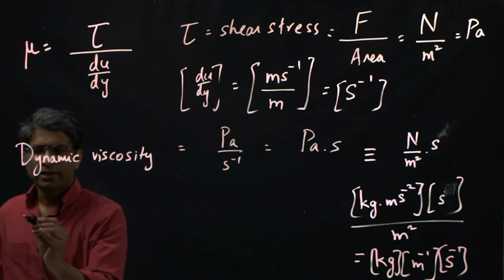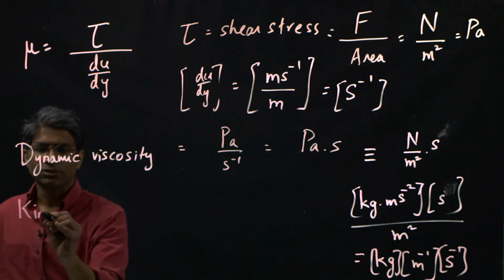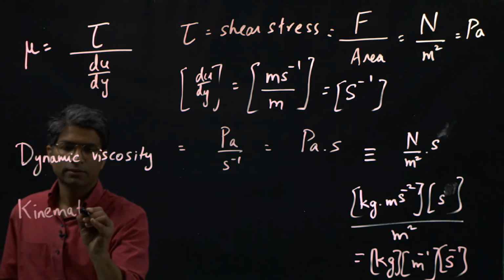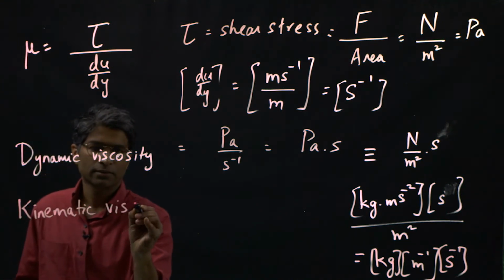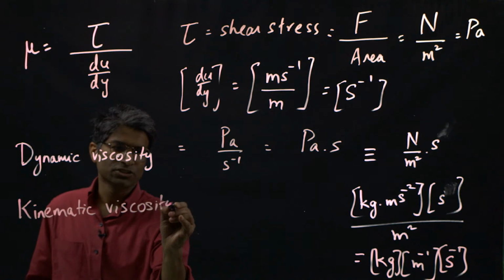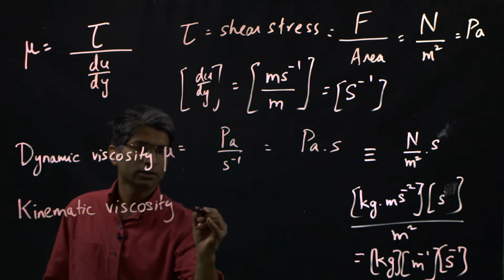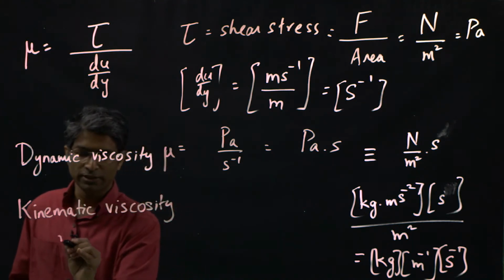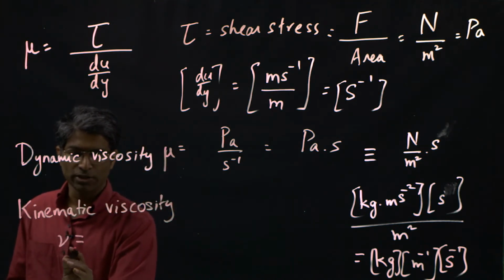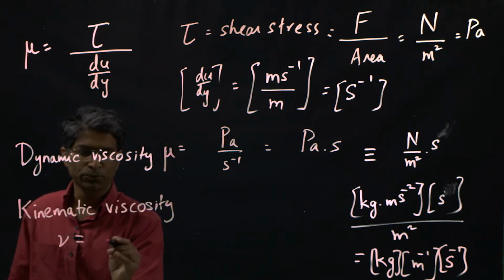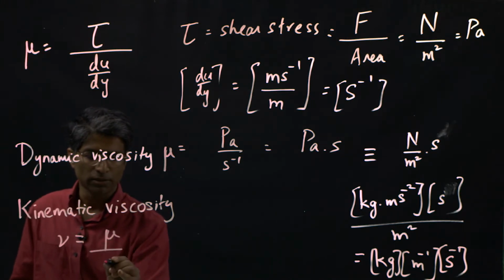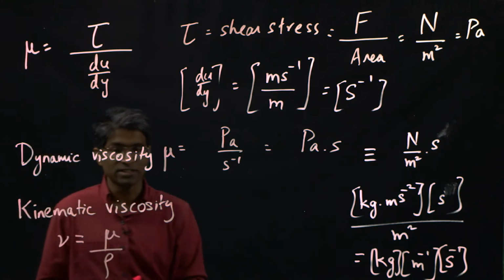We should also define something called the kinematic viscosity, which is just a reframing of the dynamic viscosity mu. So this kinematic viscosity is written using the notation nu, and this is nothing but the dynamic viscosity over the density.